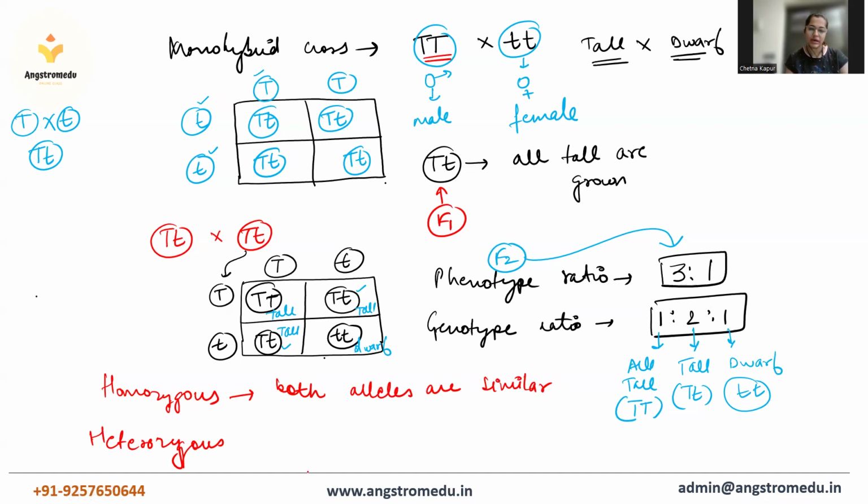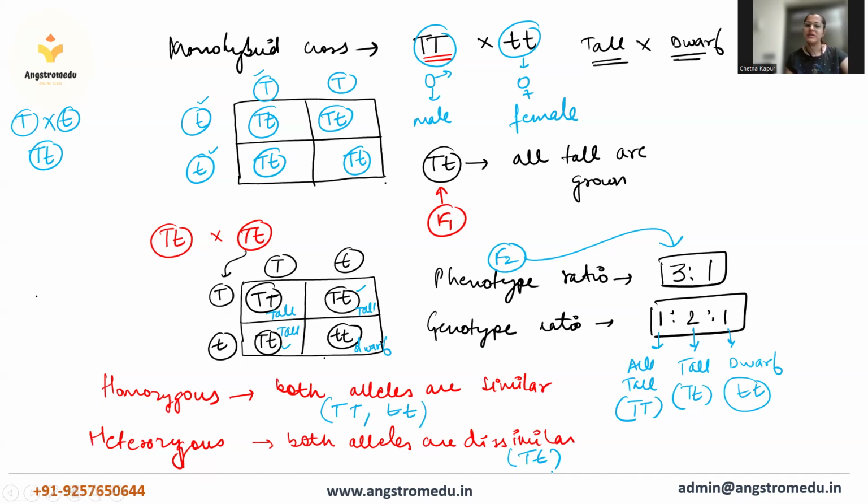If both the alleles are dissimilar to each other, these are called a heterozygous condition. So let us now look at an example. Capital T capital T and small t small t are homozygous in this tall and dwarf thing that we have done. And heterozygous means capital T and small t. So this is a heterozygous condition. Why? Because the alleles are dissimilar to each other, one is capital and the other is small.